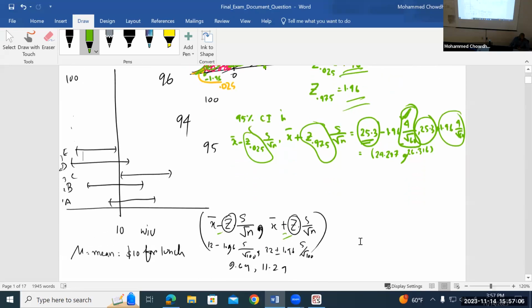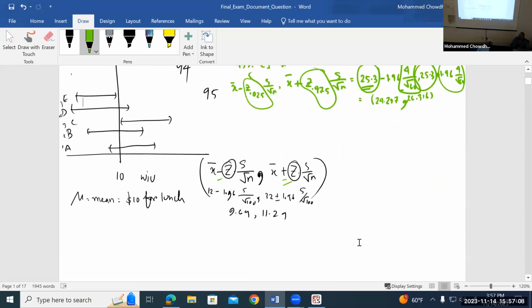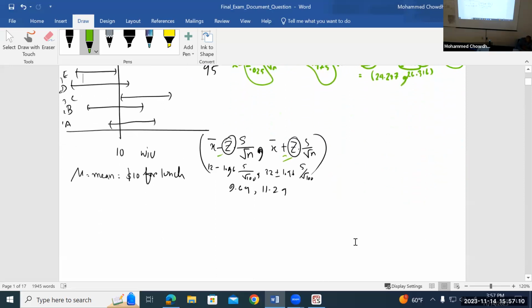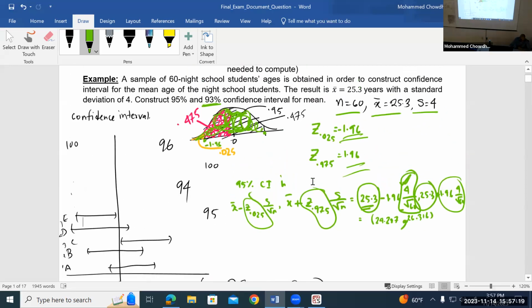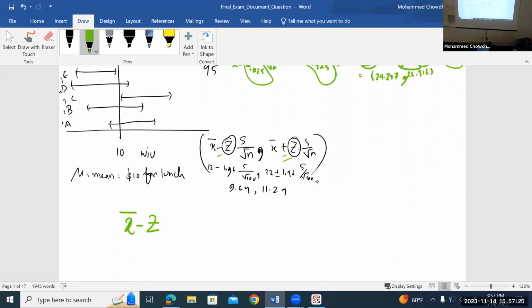I want to give you the next 5 minutes. See, the formula will be this: X bar minus Z 93%, right? So 93% means 7%. Half of 7% equals 0.035.